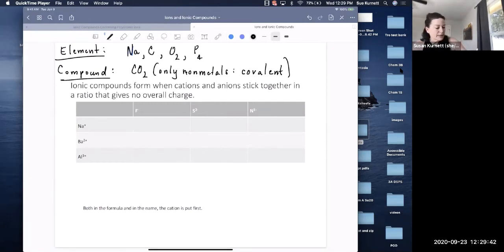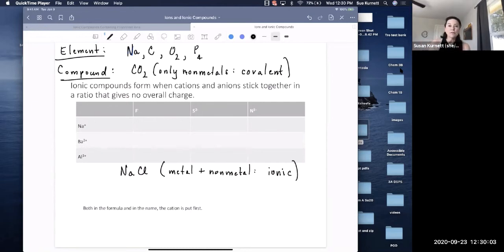If the compound contains a metal that's become a cation and a nonmetal that's become an anion, so this is metal plus nonmetal, then we call that ionic because it's made from ions. So there are 2 kinds of compounds, covalent and ionic. And this week we're focusing on ionic, and next week we'll look at covalent.